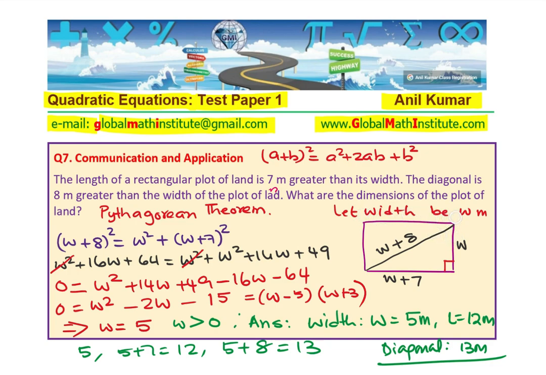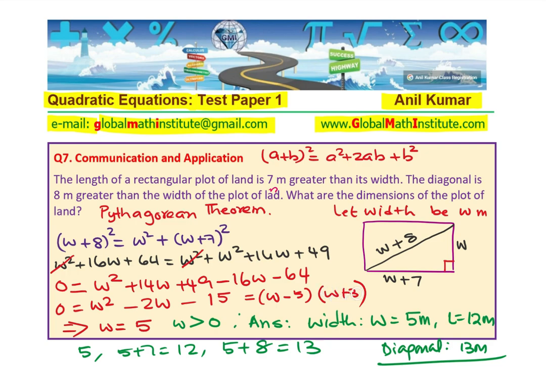We define W as the width, W plus 7, 7 more than width, and W plus 8, 8 more than width is the diagonal. Relate them with the Pythagorean theorem. Open these brackets using the formula a plus b whole square equals a square plus 2ab plus b squared, and then bring all the terms to one side, simplify, and factor the resulting quadratic equation to find the answer.